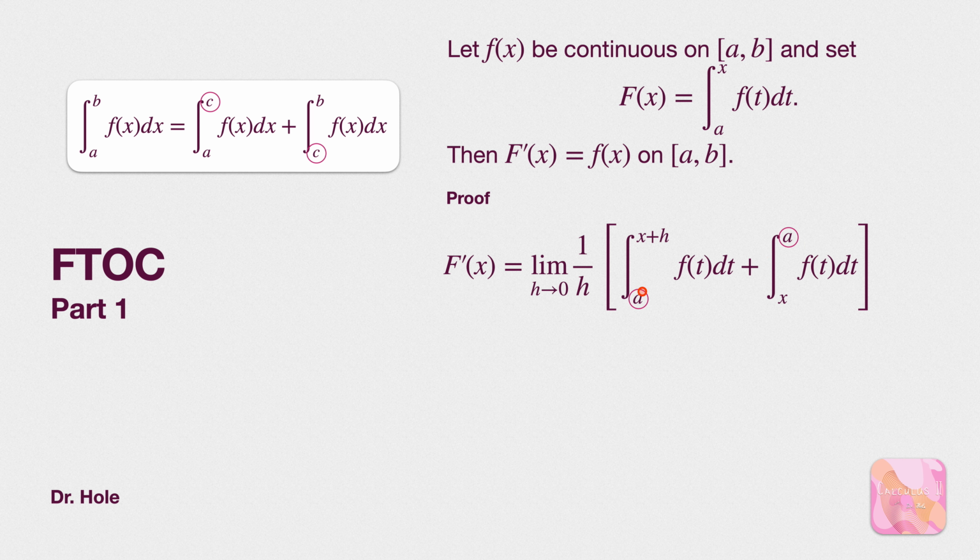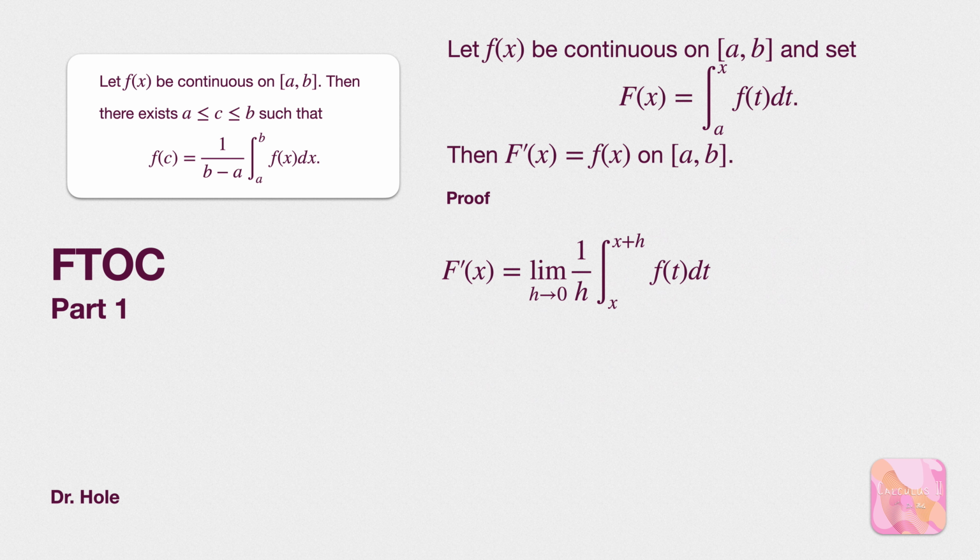A appears both as an upper and lower bound. Thus, we can go from a sum of integrals and express that as a single integral. So this is going to turn into a single integral with bounds x and x plus h. There we go. Fantastic.